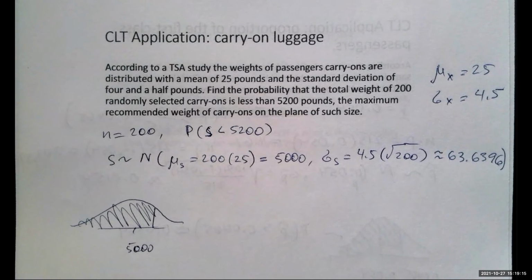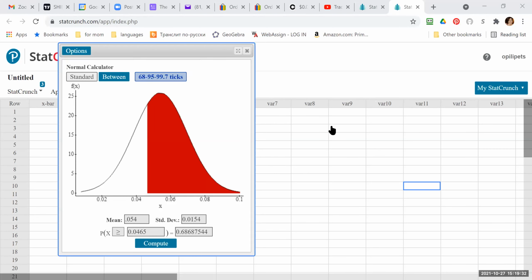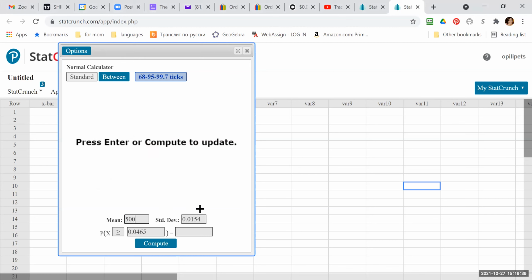So again, let's use technology. Once again, I have my normal distribution. I'm going to put in the mean of 5,000, and the standard deviation of 63.6396, and x of 5,200.